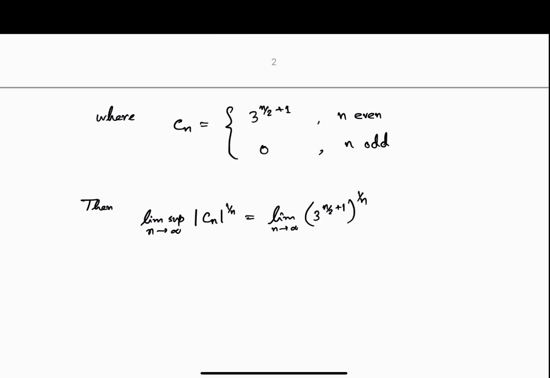That is the limit as n tends to infinity of 3 to the power 1 by 2 plus 1 by n, which is root 3.